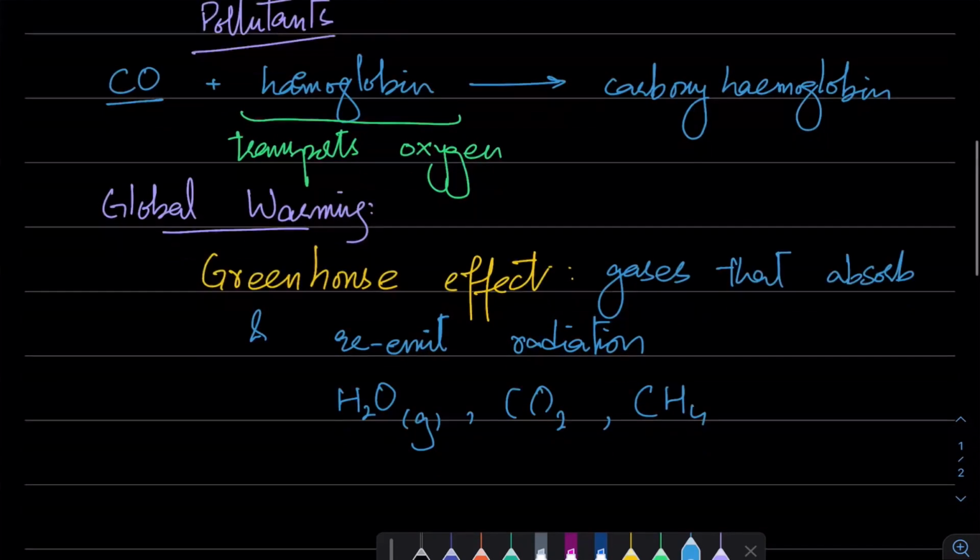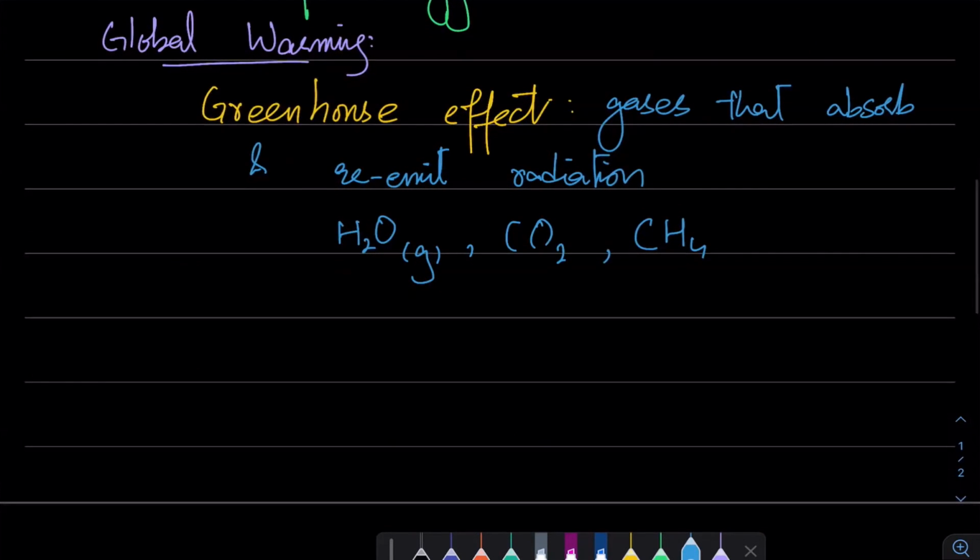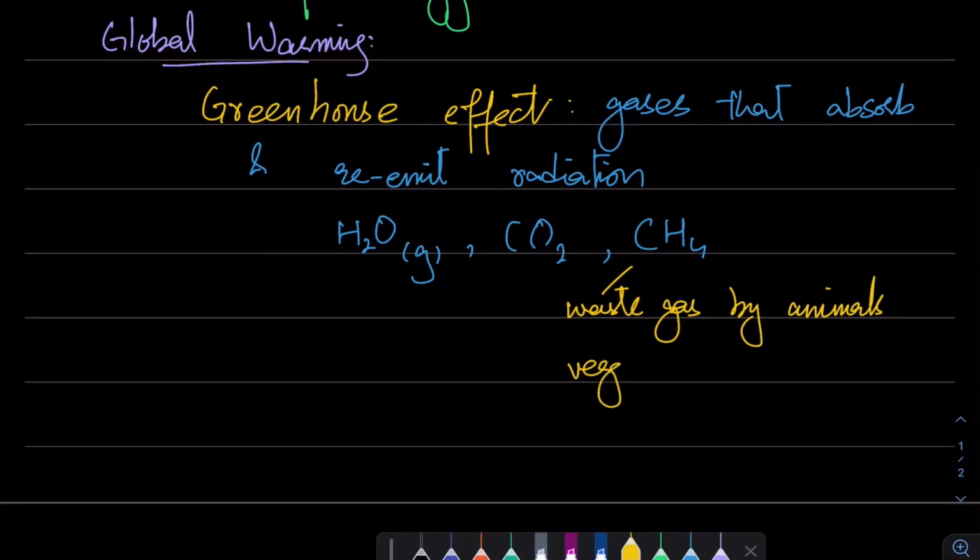तो अब उसको रोके कैसे? We make sure that we reduce the activities that release them. So for example, methane कहाँ produce होती है? So methane की एक production है that it is produced as a waste gas by animal. Okay. Second is it is produced as when vegetative matter decays. ठीक है?